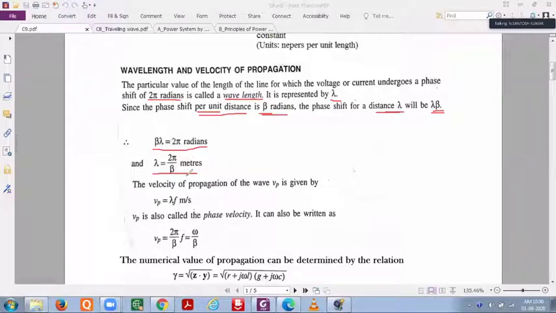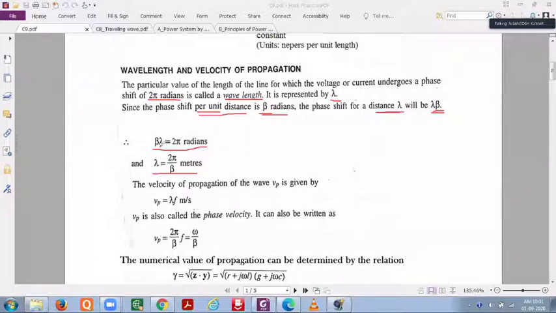So now what is beta? Phase constant. Very good. See, that is how your terms are related, interlinked.